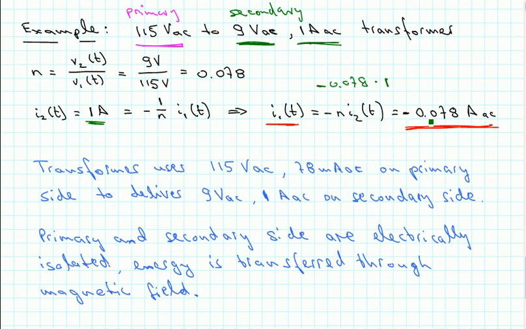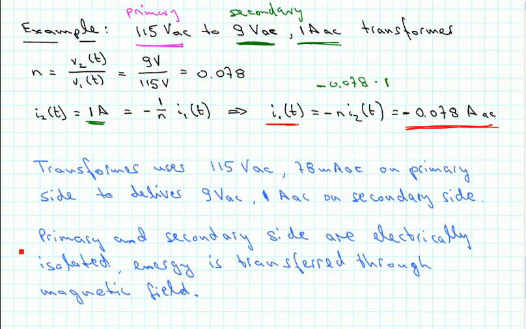And so we get minus 0.078 amps AC. Again, the minus sign here comes from the fact that we used passive sign convention for both sides of the transformer. So the transformer uses 115 volts AC and 78 milliamps AC on the primary side to deliver 9 volts AC and 1 amp AC on the secondary side.